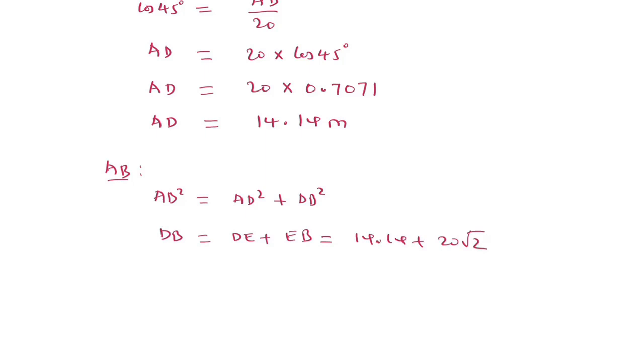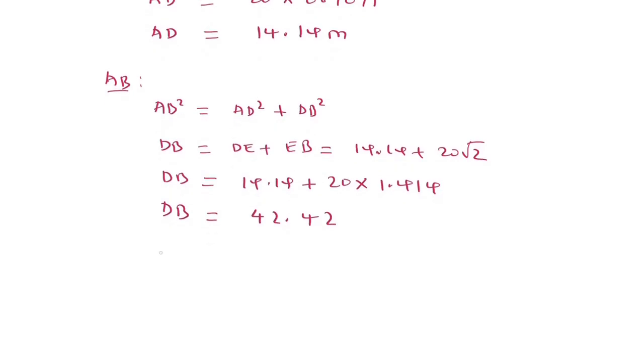The value of under root 2 equals 1.414 from the table. Now substituting this, we have DB equals 14.14 plus 2 times 1.414. Solving this, we have DB equals 42.42.